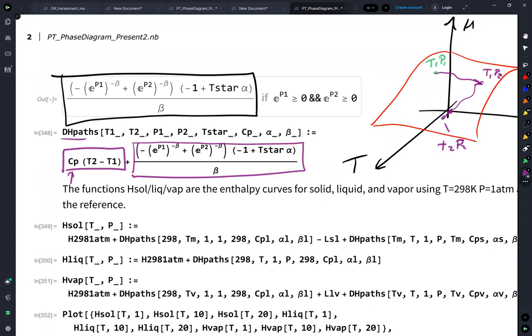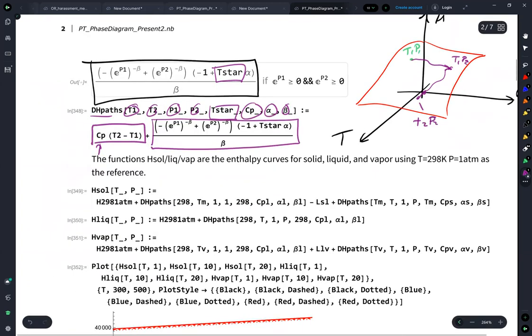This is just a constant phase. I put in temperature 1, temperature 2, pressure 1, pressure 2, T star. That's the temperature that goes into the pressure change in the enthalpy, and then heat capacity, thermal coefficient of expansion, and our compressibility.